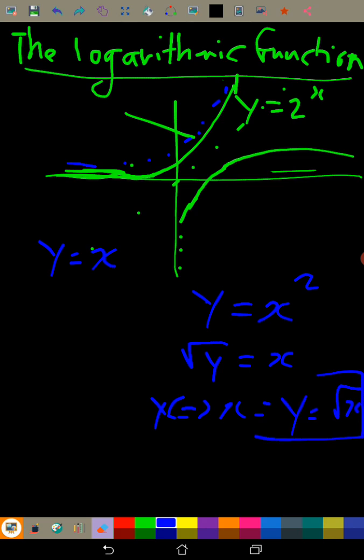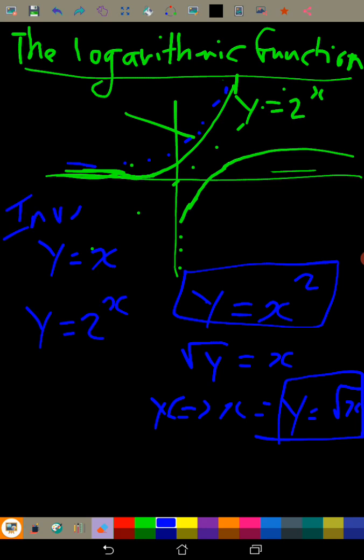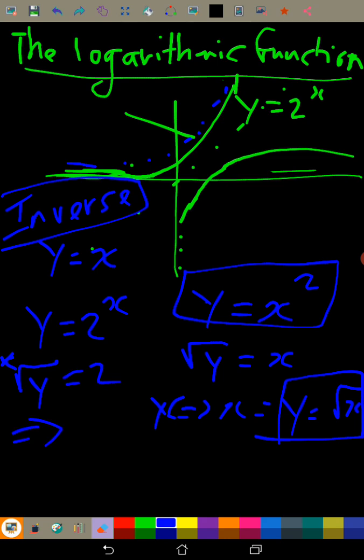So this is the inverse of this. And it means that for y is equal to 2^x, I will write here inverse, y is equal to x, so we'll have y is equal to 2. So we say we inverse the variable.